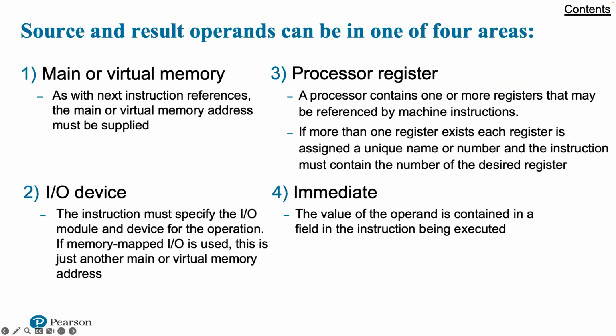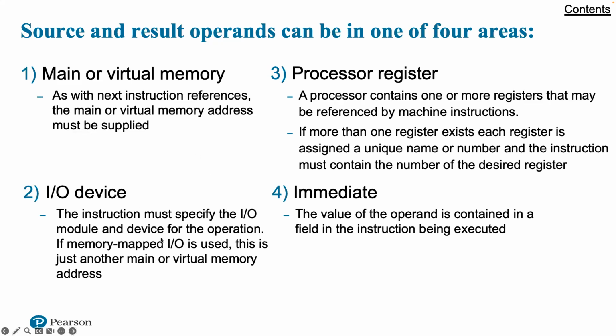So here is just a summary of the source and result operands that can be in one of four areas. So you're connecting either to main memory, or a way of thinking about that in terms of a virtual memory, where the CPU doesn't need to know exactly that you have one or two sticks of memory, but it just needs to have a pointer that it can consistently go to.